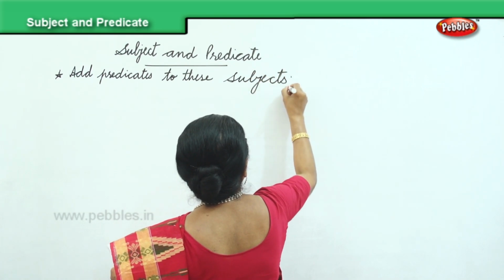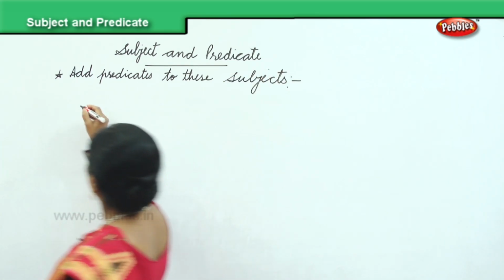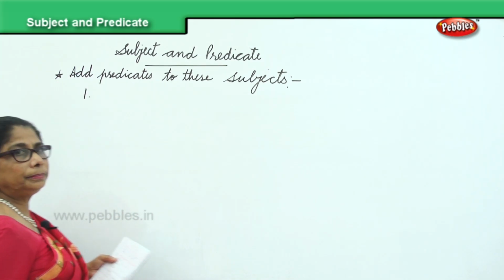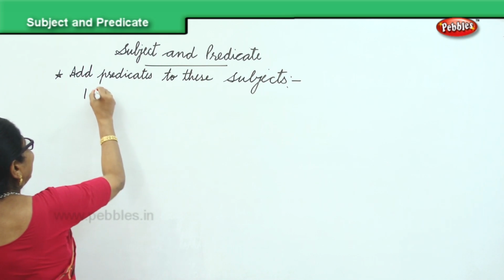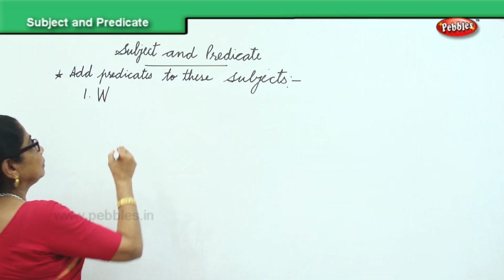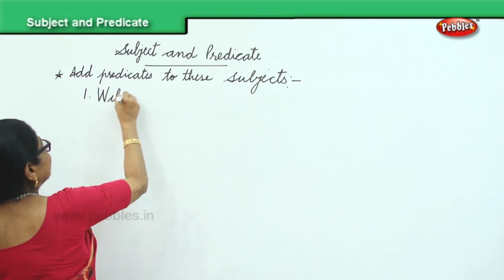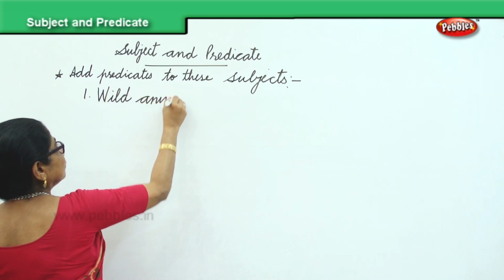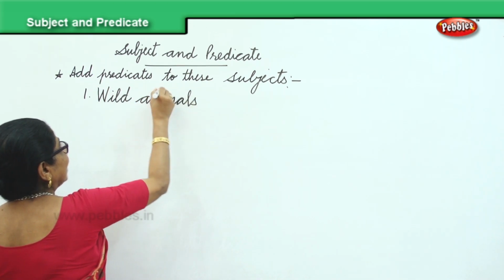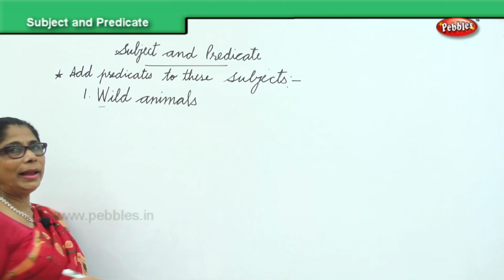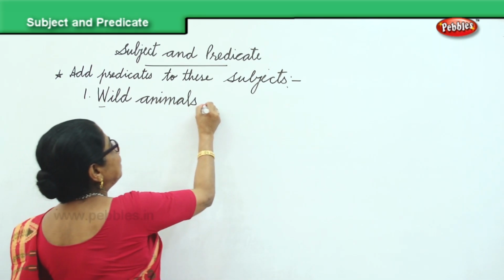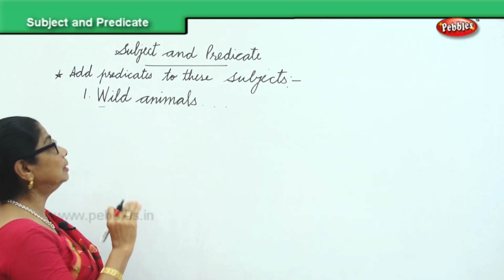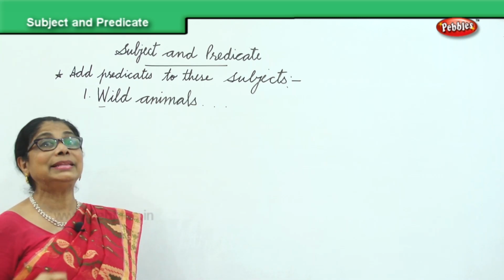So I'll give you the subject and then we'll add on. You will help me to add on. Now let's say wild animals. I put the capital letter, wild animals. Now you complete the subject, the wild animal. The wild animal is the subject.